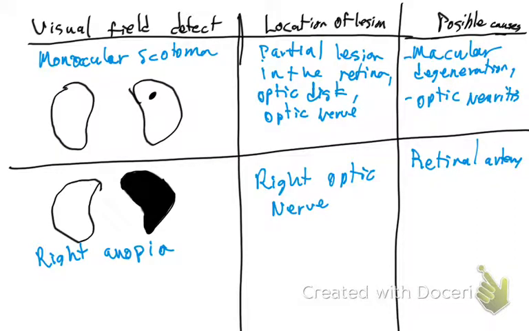So that means it's going to be an occlusion of the retinal artery or the central retinal vein. Got it? So with an occlusion of any of those, the patient can get right anopia.